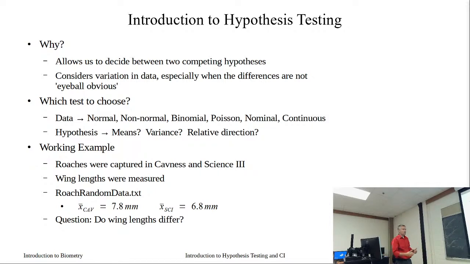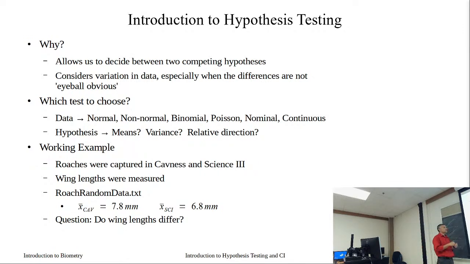And then the next part, once we know what tests are available to us, comes down to, well, what are we actually testing? Are we going to test the means? And if so, then we have this batch of tests that we run. Are we testing variance? Then we have this separate batch of tests that we can run. Or maybe we don't care about the actual mean or the variance. We just want to know direction. So is one larger than the other? Well, that opens up a different batch of tests.